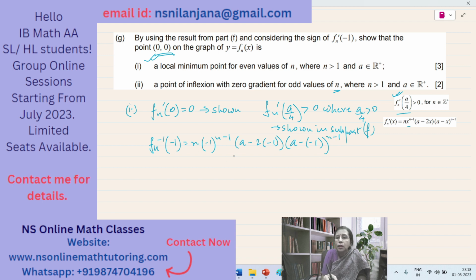Okay. So this is equal to, now negative 1 raised to some even power is positive 1. So this is simply equal to n times a plus 2 and a plus 1 to the power of n minus 1.